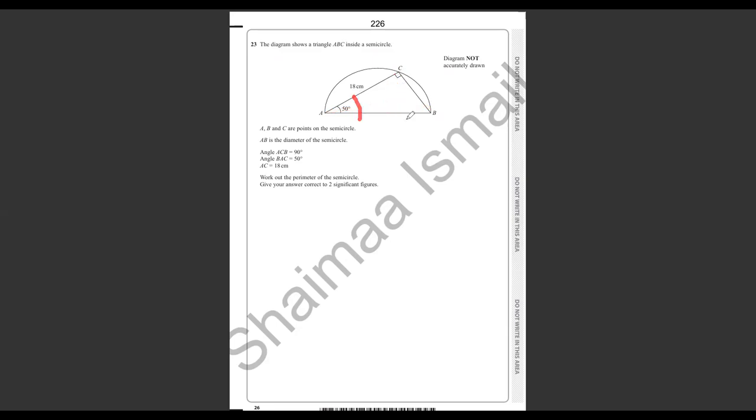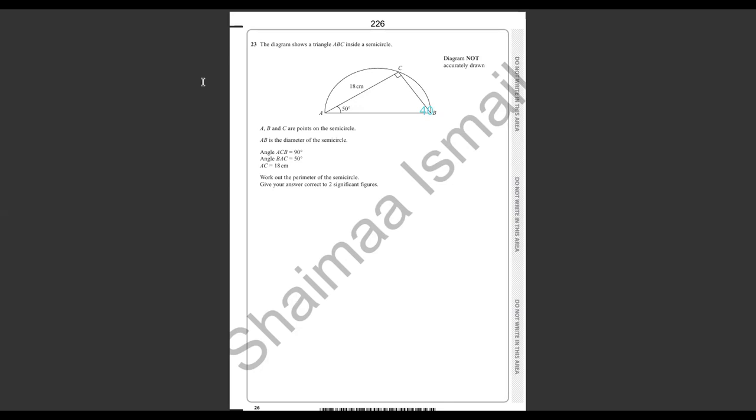We have here angle 50 and here we have 90, so we can calculate this angle, which will be 40. 180 minus 90 minus 50. The interior angles of the triangle equal 180. AB is the diameter of the semicircle, and he gives us AC is 18. Work out the perimeter of the semicircle to 2 SF.